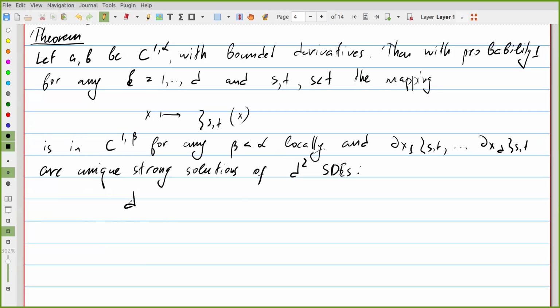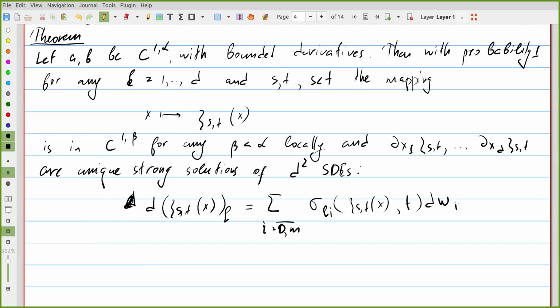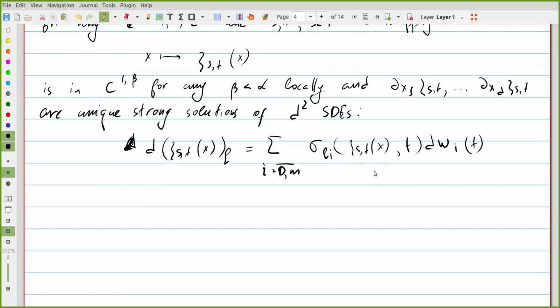So here I will use the following notation. So dψ_{s,t}(x), the l-th coordinate, can be written using the notation we introduced a moment before, from 0 to m, Σ_{lj} ψ_{s,t}(x), the whole process, all coordinates, dW^j(t). So instead of σ_k that we used to write, we wrote everything in coordinate form.